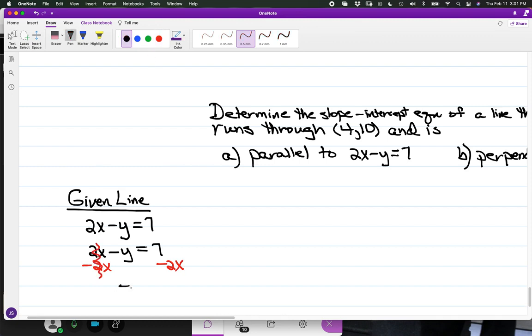I have negative y is equal to negative 2x plus 7.